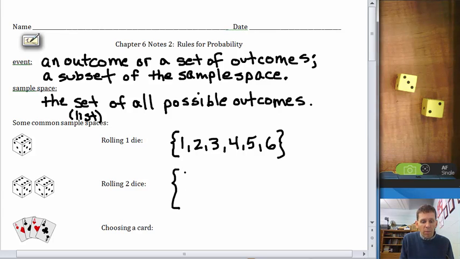How would you write this out? Well, if you have a whole lot of different outcomes, I don't know if it's entirely necessary to list them all.